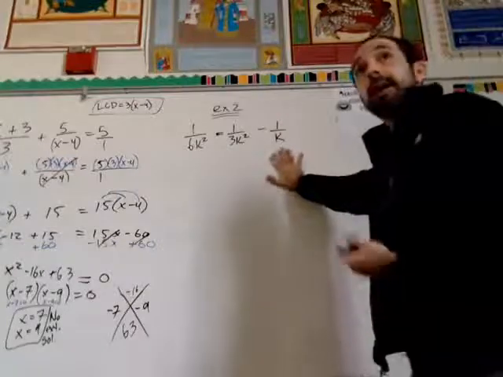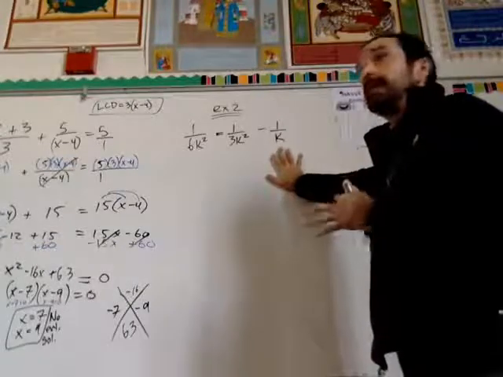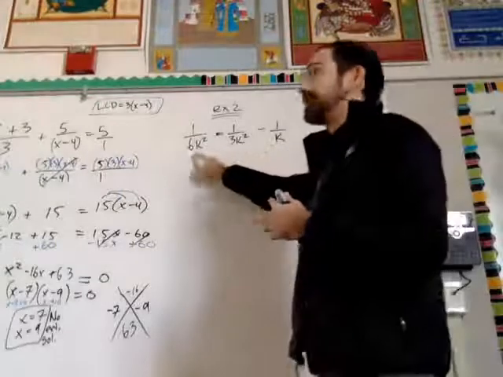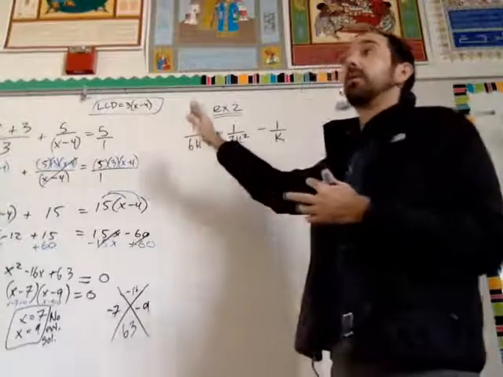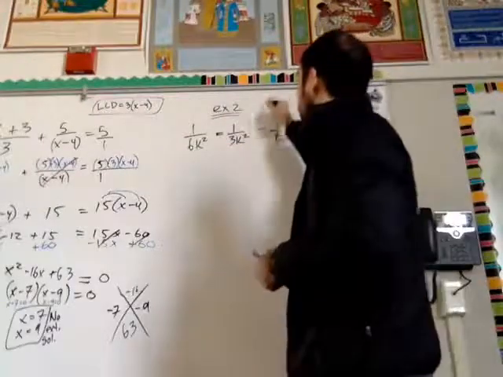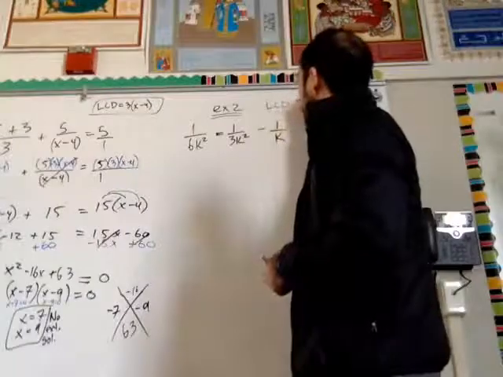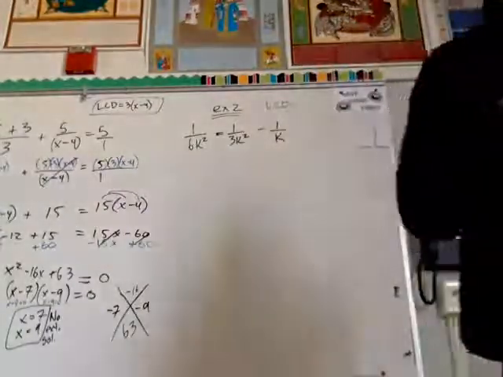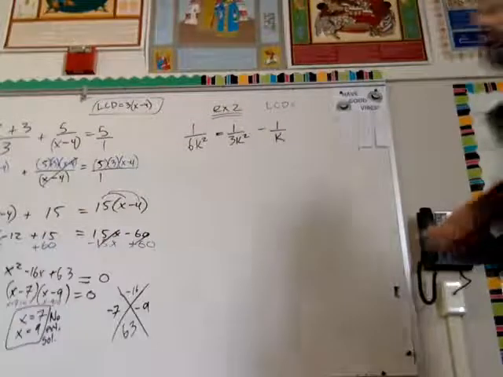If I multiply all the denominators together, I'm making my life way harder. You see, if I multiplied all these together, I'd make them harder. So what is a strategy you can have for finding the least common denominator? What value can we look at to maybe get an idea? It'd be nice if it was what?